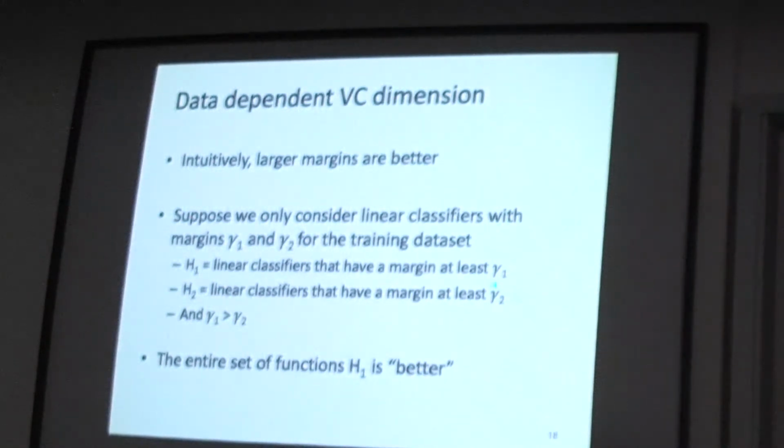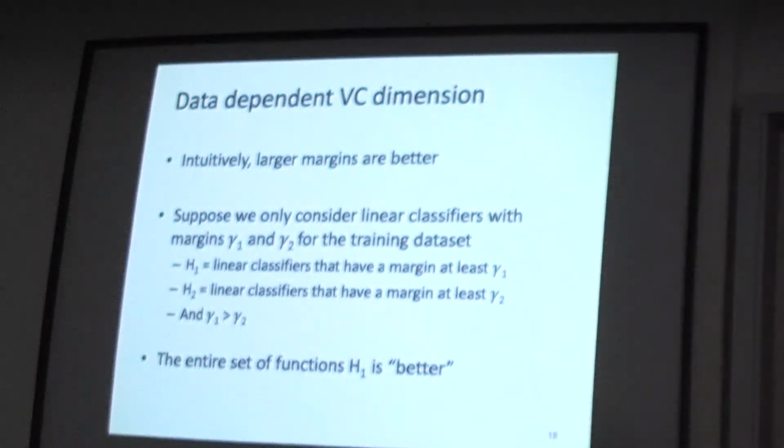So you can see that by using these margins, we actually define two subsets of linear classifiers, right? Also, this set is determined by the training set, because the margin must be relative to some data set. So if we know that gamma 1 is bigger than gamma 2, then we believe that the entire set of functions H1 is better than H2.